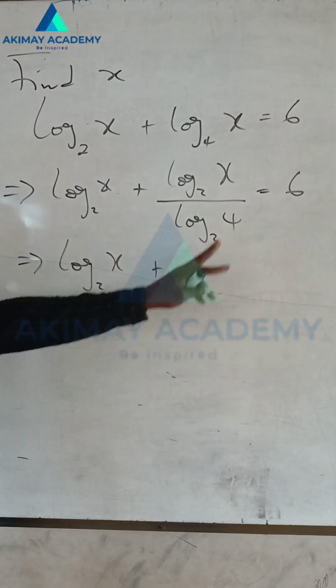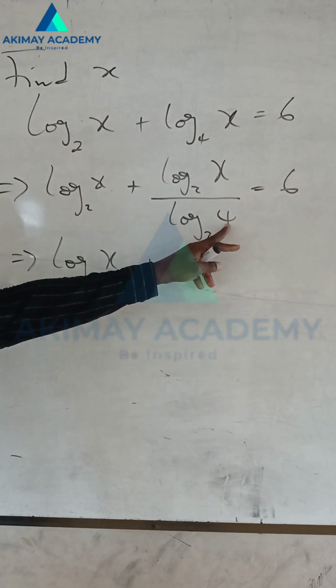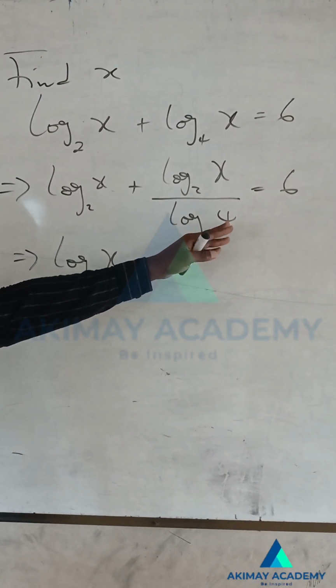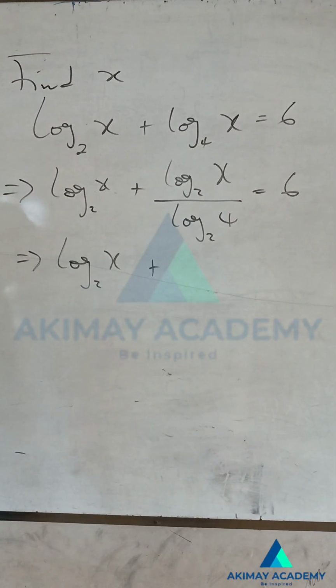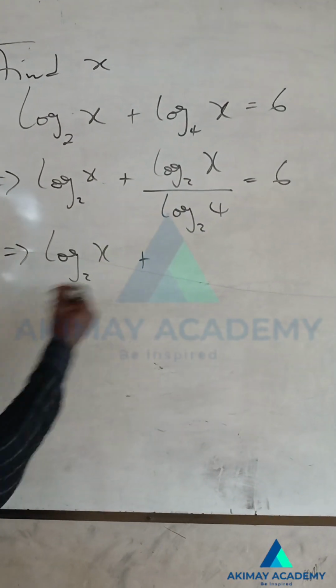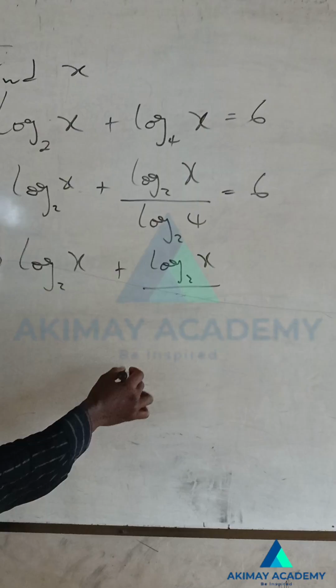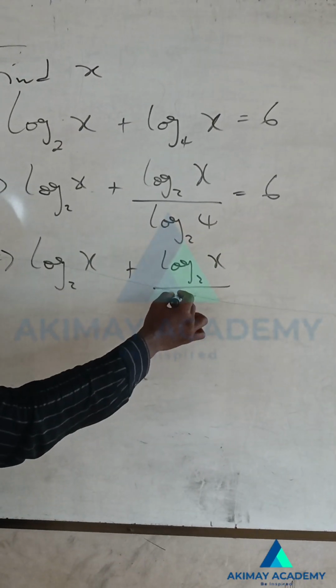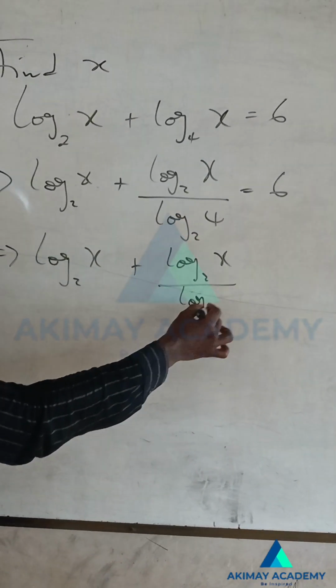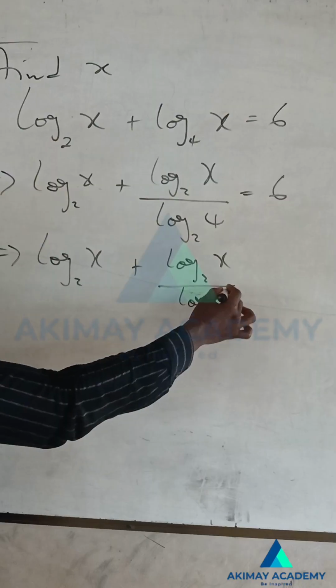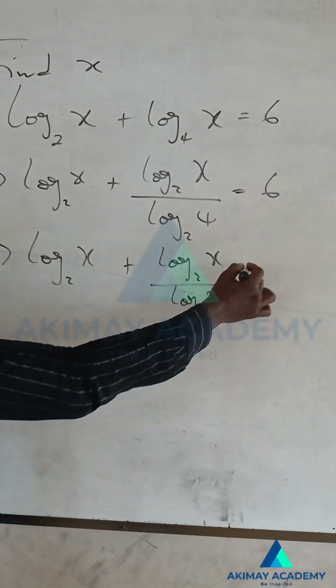Now let's look at something here. Here is 4. This 4 can be changed to what? 2 exponent 2. Okay, so we are going to have log to base 2 x. Here is going to give us log to base 2 squared, right? And this equals to 6.